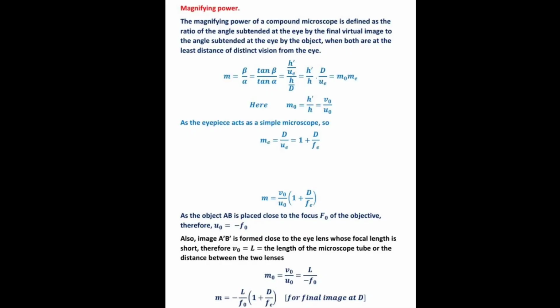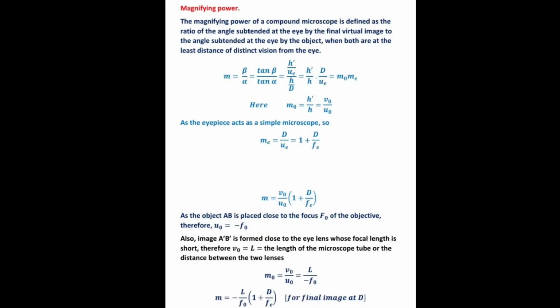These relations are useful in case of numericals. That is, m can also be written as m_o × m_e, and m can also be written in terms of v_o upon u_o multiplied by (1 + D/f_e). Now, as the object AB is placed close to the focus f_o of the objective, this is regarded as a special case.